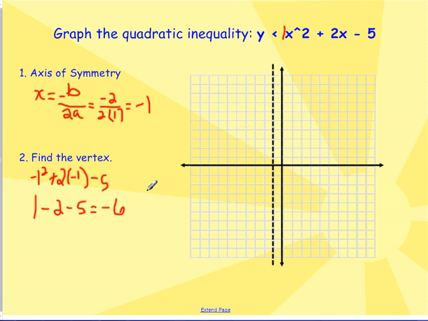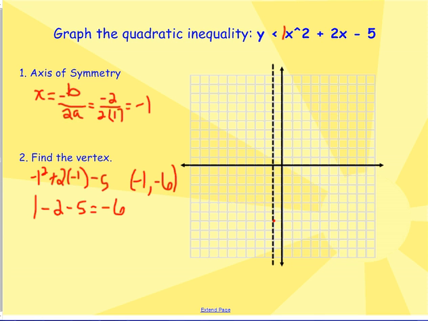So now I know that my y is negative 6, so my vertex is going to be negative 1, negative 6. So I'm going to go over here, go negative 1, down 1, 2, 3, 4, 5, and 6, and put my vertex there.